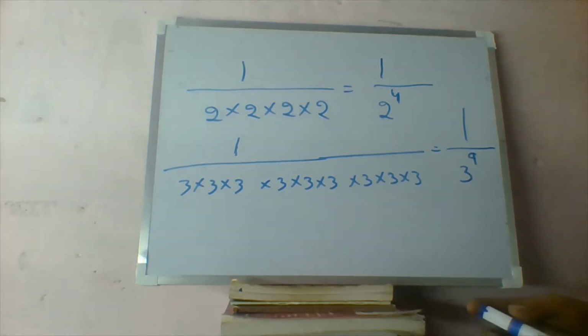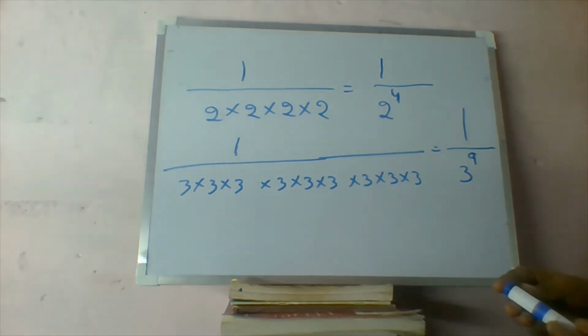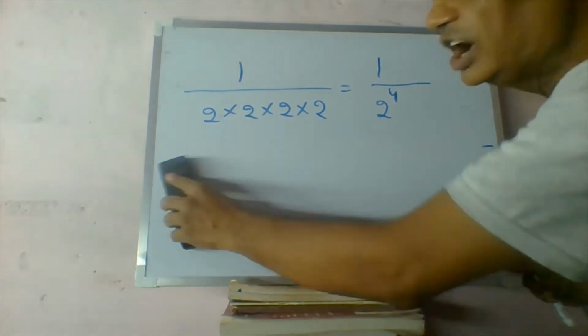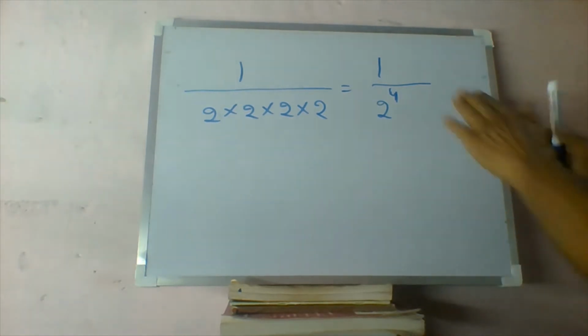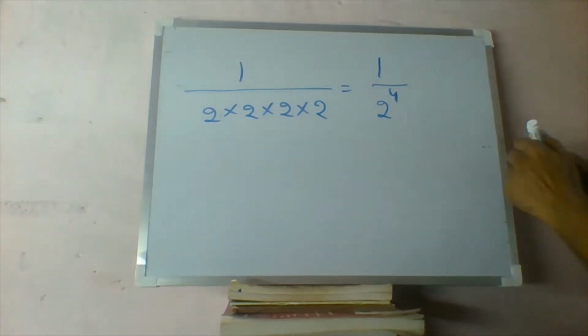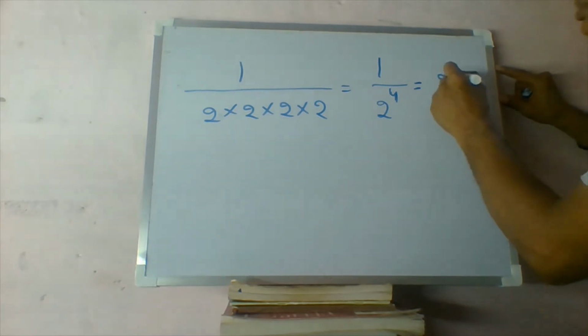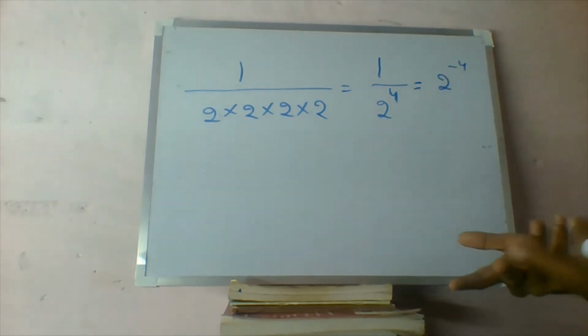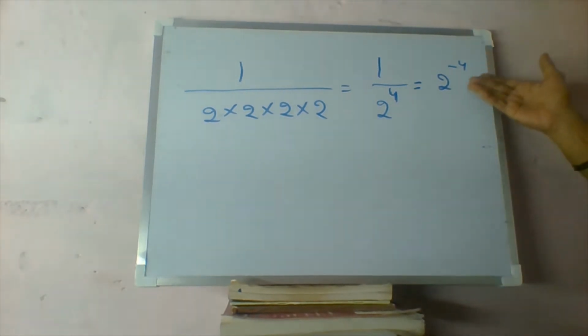But then what we do actually, we go a step further and we write it as 2 raised to power minus 4. You will say, why sir? The answer is it is by convention.